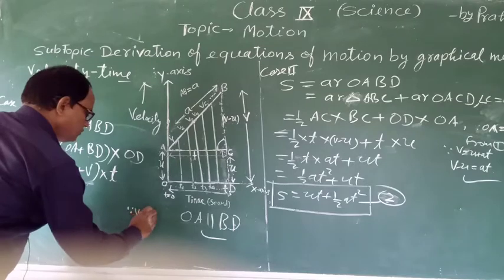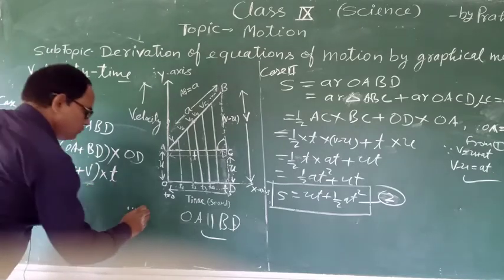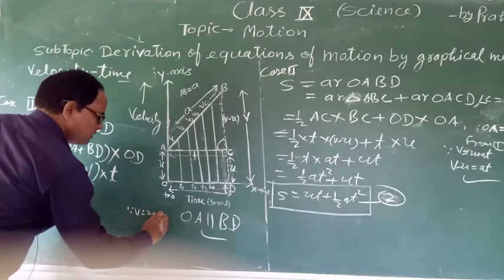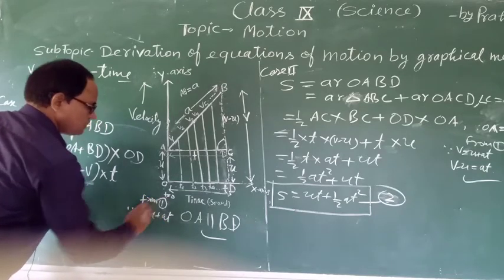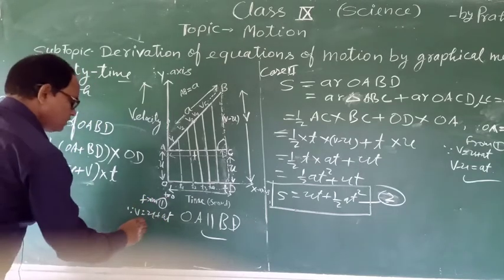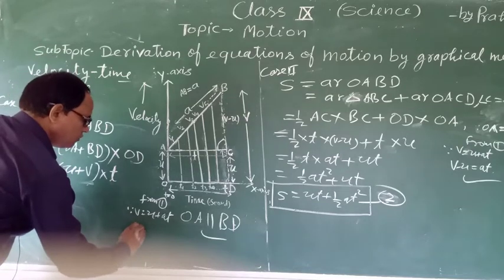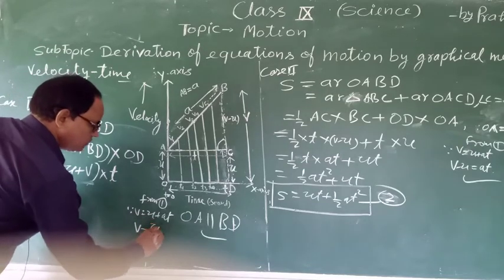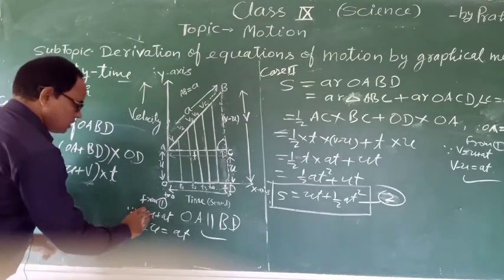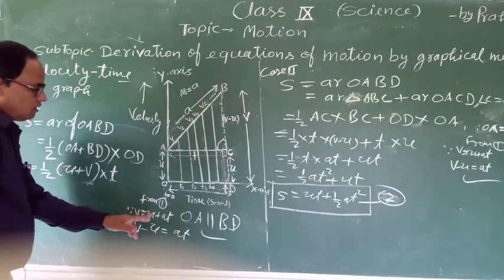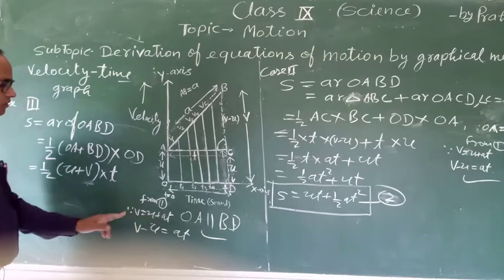Here since v is equal to u plus at from equation 1, we can write v minus u is equal to at. Transfer this to the other side, from the right side to the left side.